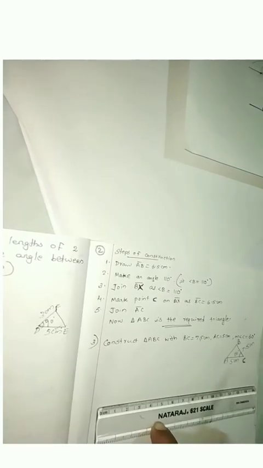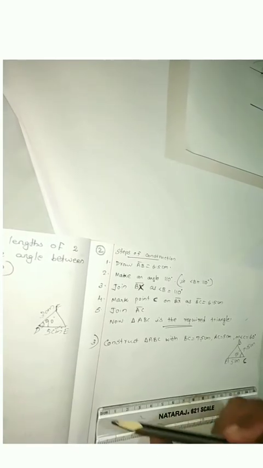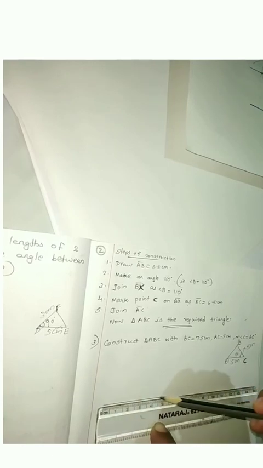Now as usual we have to think about the length of sides. AC is 5 centimeter. Then BC is given, that is 7.5 centimeter. Then angle C is equal to 60 degree. Now first we can make AC equal to 5 centimeter. Here will be 5. So AC.